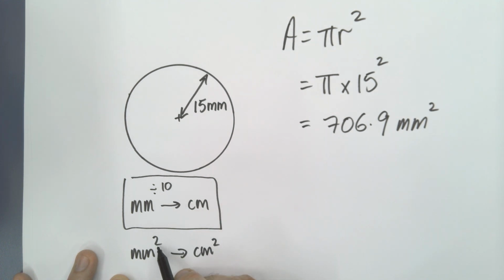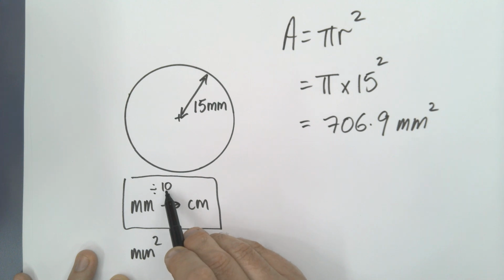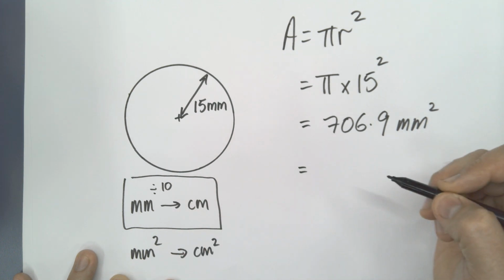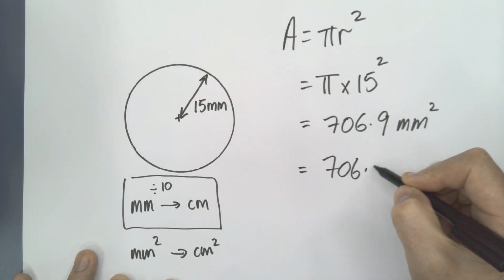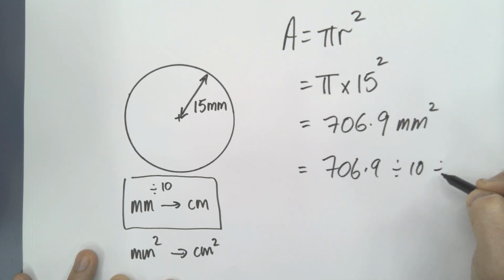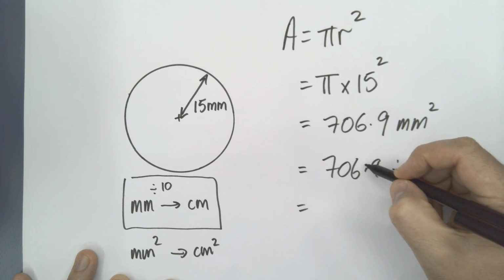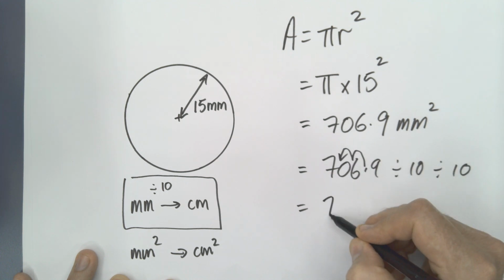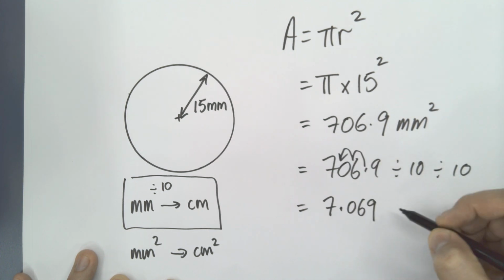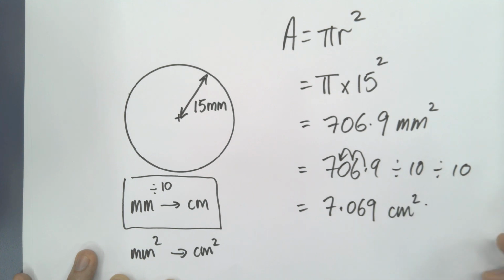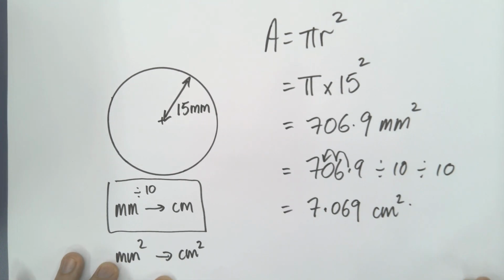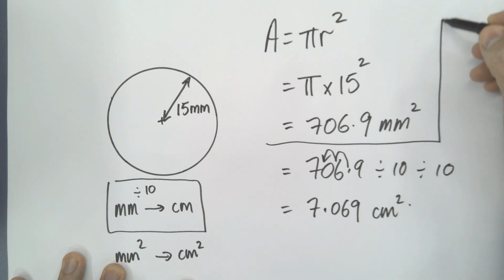So that's 2 dimensions, so I've got to divide 2 times by 10. So 706.9 divided by 10 divided by 10. If I do that, I just shift the decimal place twice. I've got 7.069 centimeters squared.